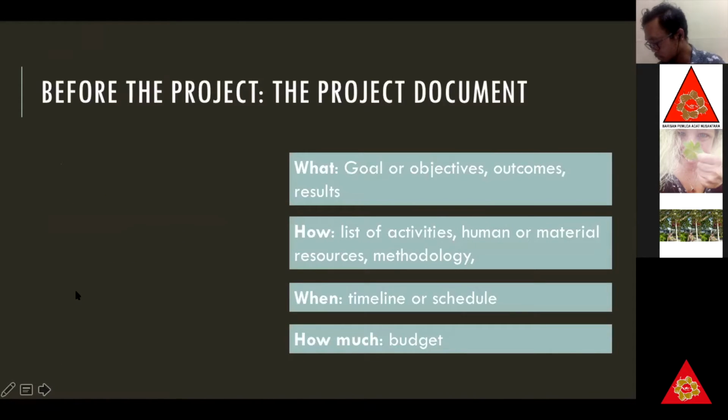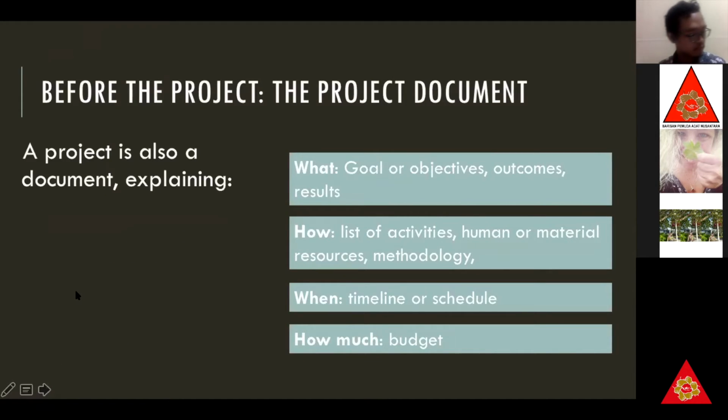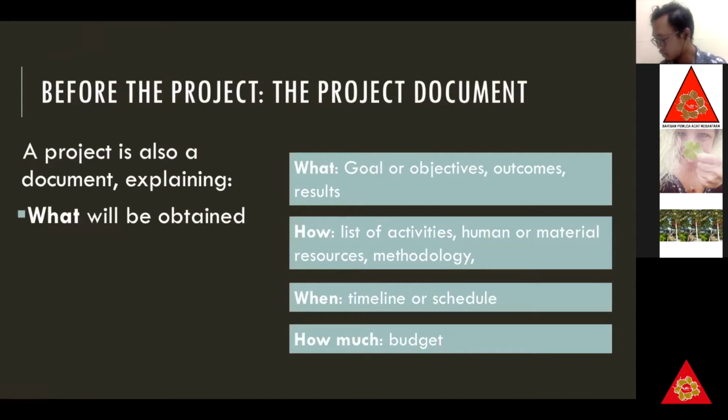But also the project is a project document, and it explains what will be obtained. So then you have your goals or objectives. What are the outcomes? What are the results you want to obtain with your project? It also explains how we will do it.